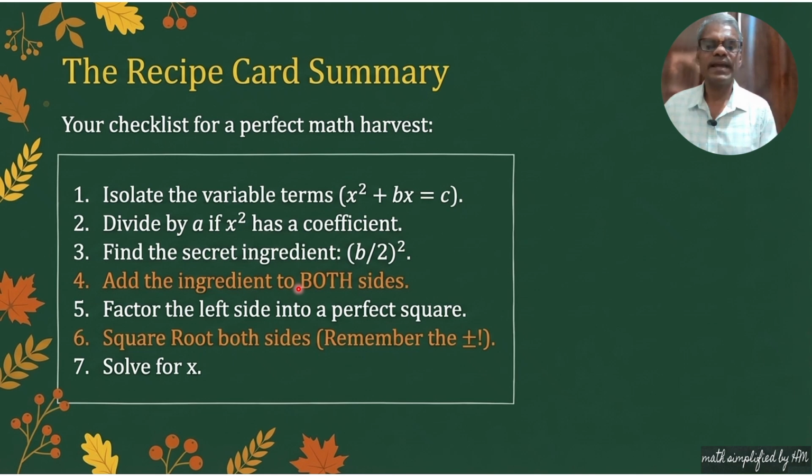Find the secret ingredient, that is the middle term's coefficient upon 2 and its square. Add the ingredient to both sides, that means whatever we found in step 3 we add to both sides of the equation. Then factor the left side into a perfect square. Then take the square root of both sides and then solve for x.